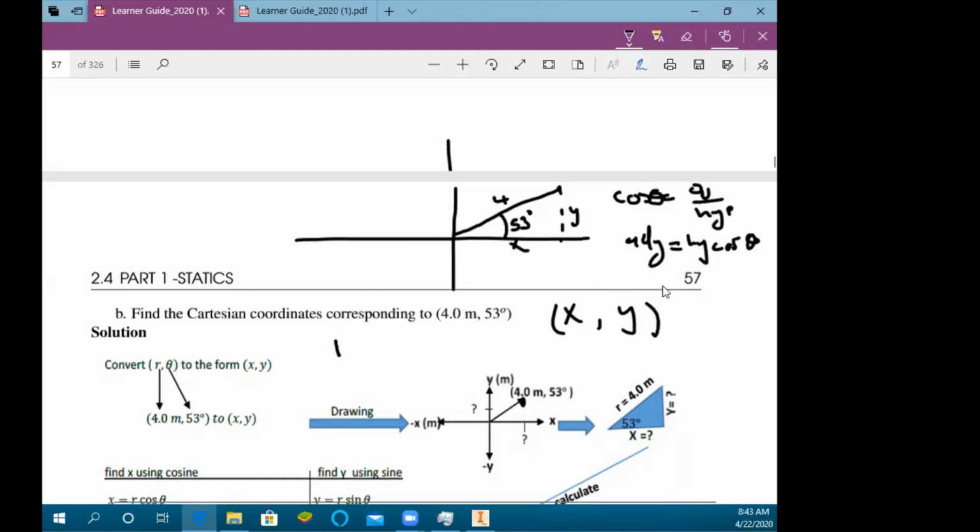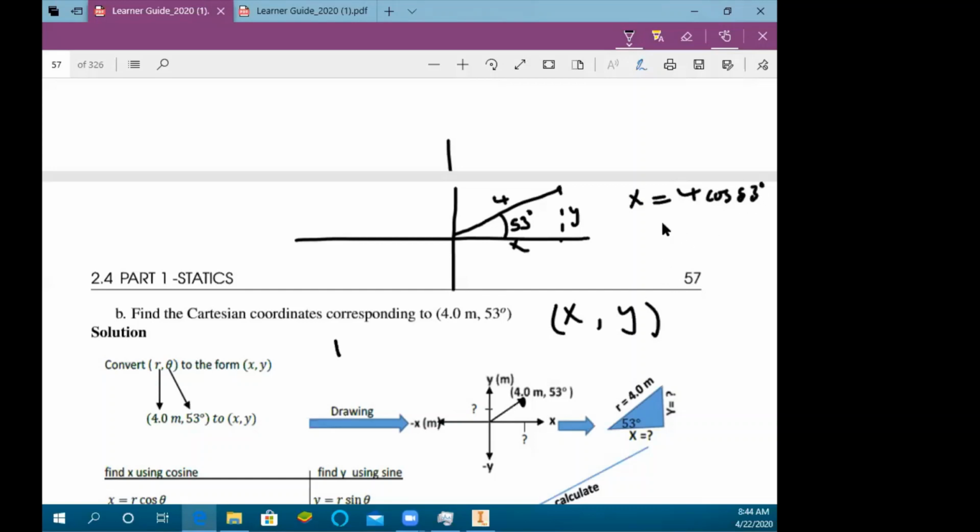Then let's find the adjacent using this ratio. In this case, my adjacent, which is x, will be equal to 4 cos 53.